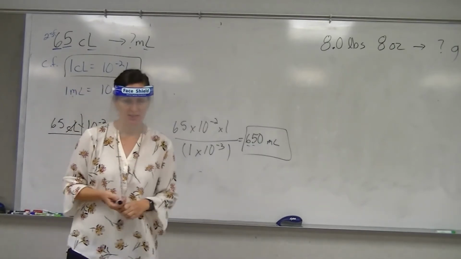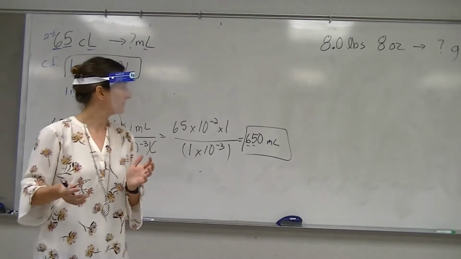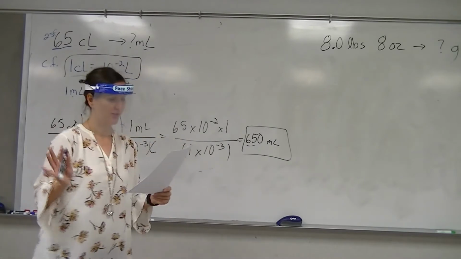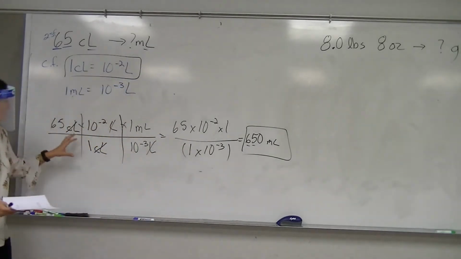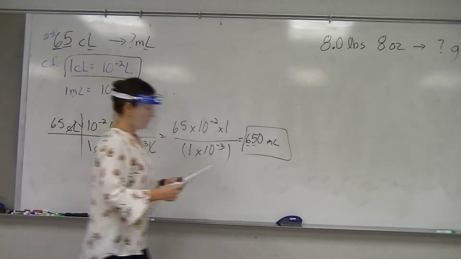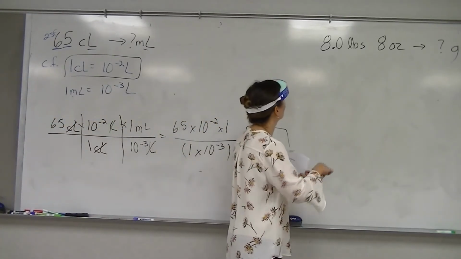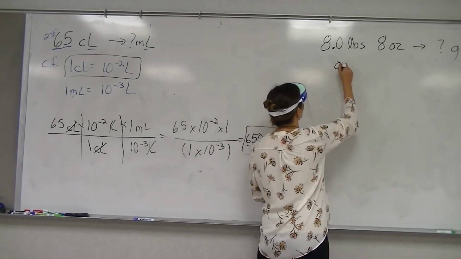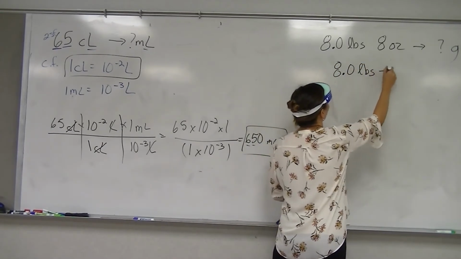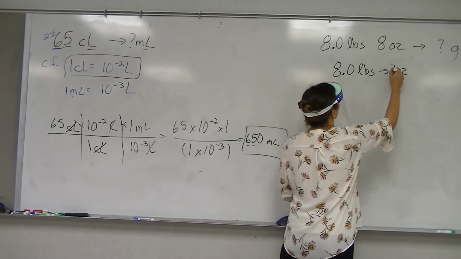I would prefer ounces, just so I'm not getting a decimal point. Both ways will work, and you'll still get the same answer as long as you are canceling out what you don't want and keeping what you do. So my first step is I'm going to take this 8 pounds, kind of breaking it up, and get that into ounces first.